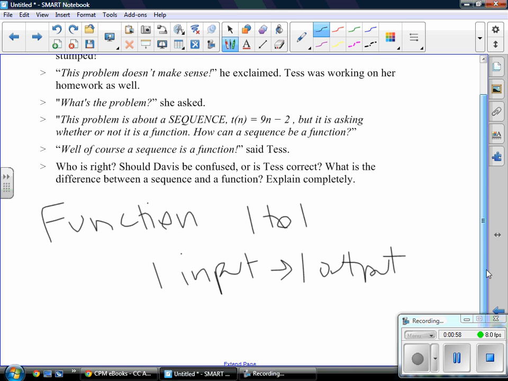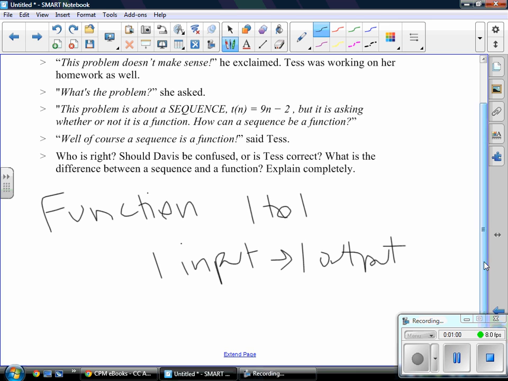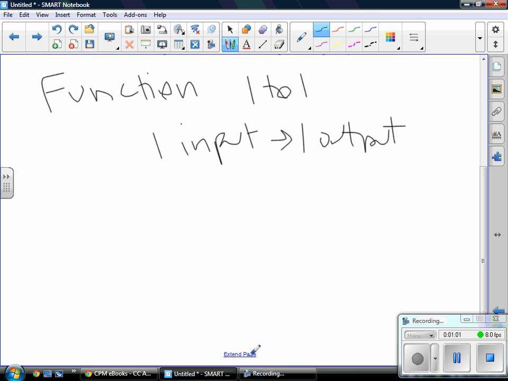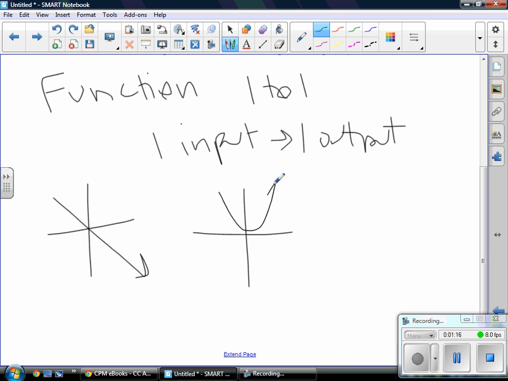Let's think of some examples that are functions. A function could be a line. If I plug in x equals 0, I only go to one spot on the graph. Something else that is a function is a parabola. If I plug in x equals 0, again, I only have one spot on my graph.